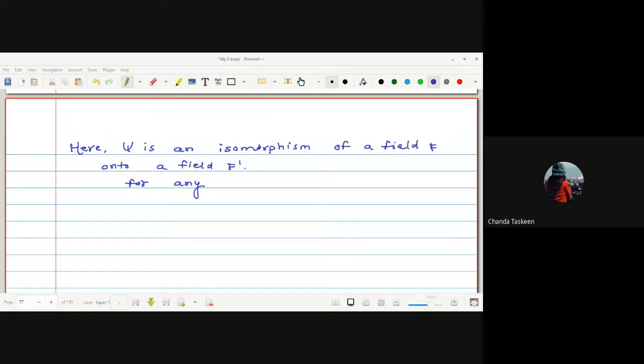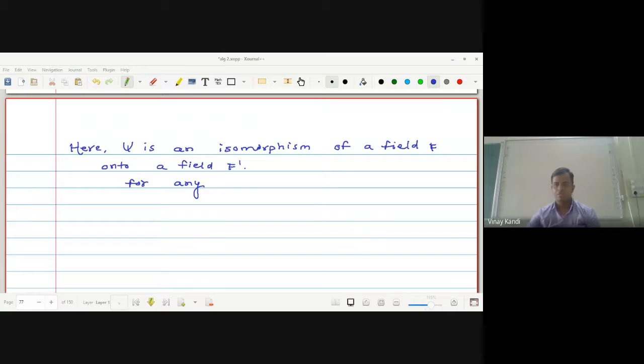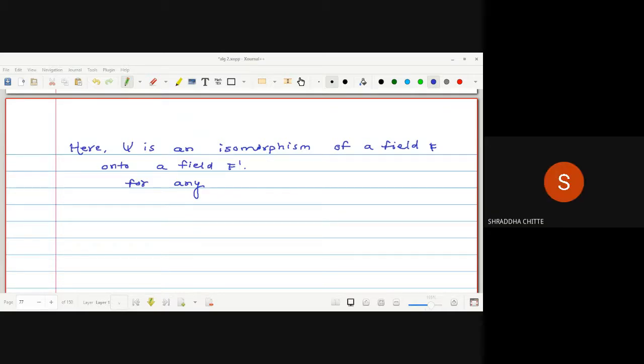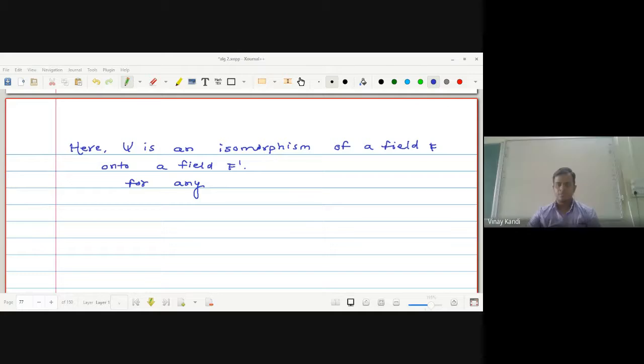No, sir. Okay. Now here psi is an isomorphism of the field F onto the field F dash. So for any alpha belonging to F, we write psi of alpha is equal to alpha dash.